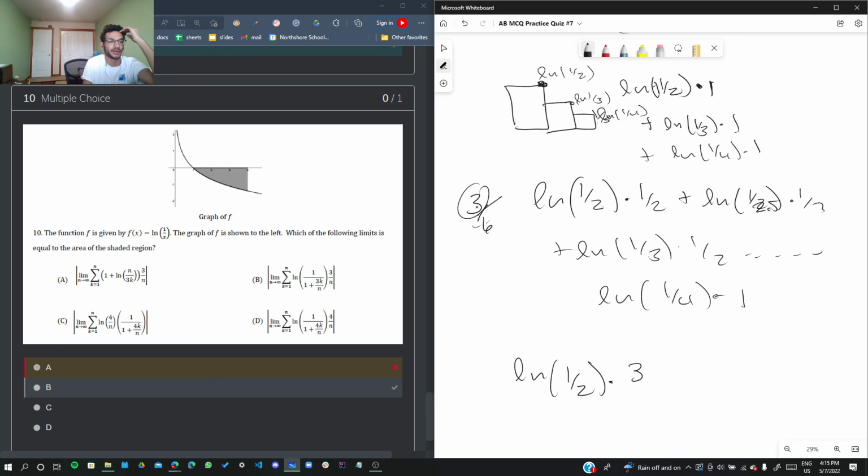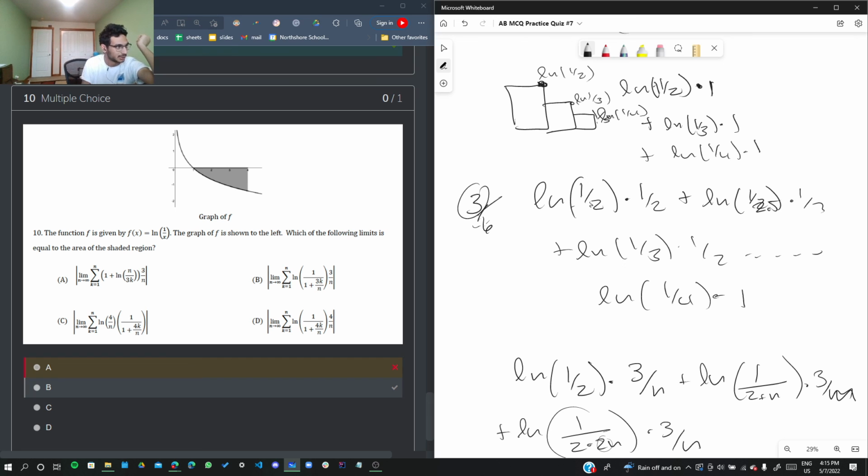But if you had n number of rectangles, it would be 3 over n. And then you're just going to add on natural log of 1 plus 2. Here we know we need to add by a half, so here we just add by 3 over n, and then here it's going to add on 1 to n, multiplied by 3 over n.